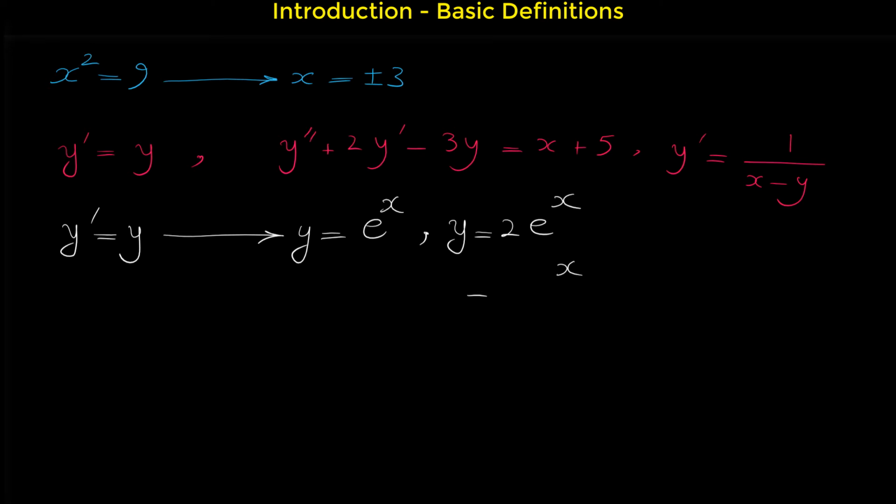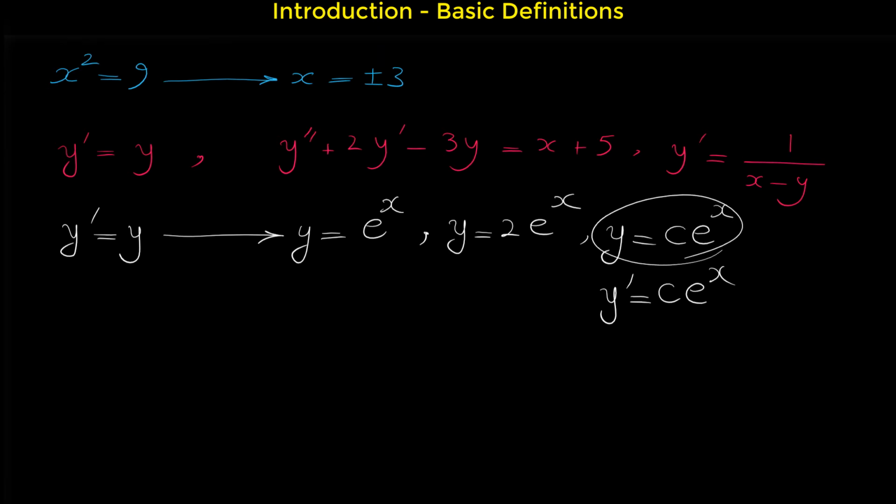And similarly, in general, y equals c times e to the x, where c is a constant, is the general solution of this differential equation, because if we take the derivative of this function, c is a constant and the derivative of e to the x is e to the x. So this is a solution for this differential equation.